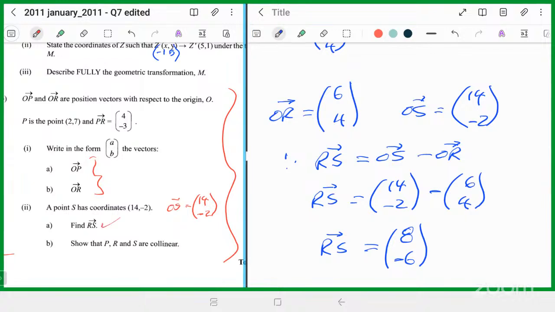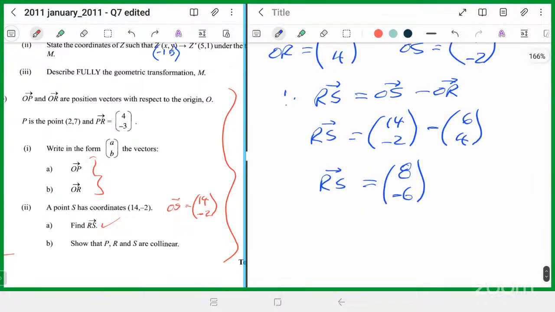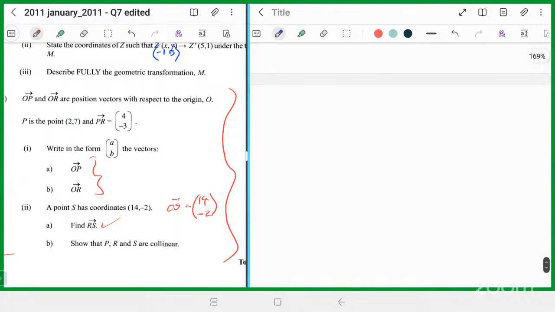Then show that P, R and S are collinear. Remember, to show that P, R and S are collinear, you need two vectors between those 3 points, and one must be parallel to the other, meaning one is a multiple of the other, and there must be a common point.